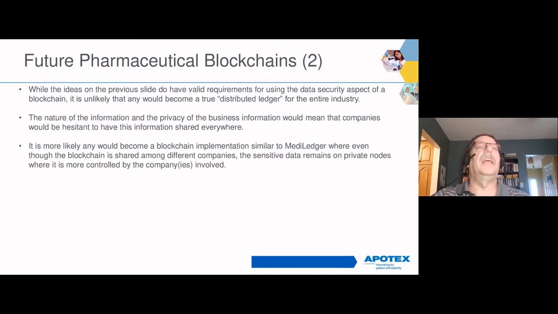So again, while the ideas on the previous slide do have valid requirements for the data security, it's doubtful that any of them would truly become a distributed ledger for the entire industry.